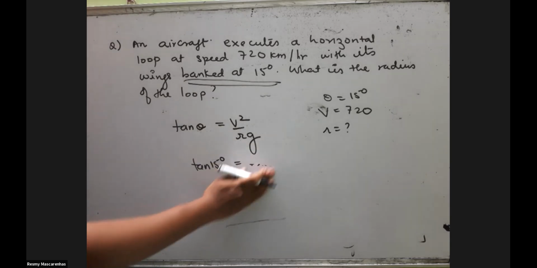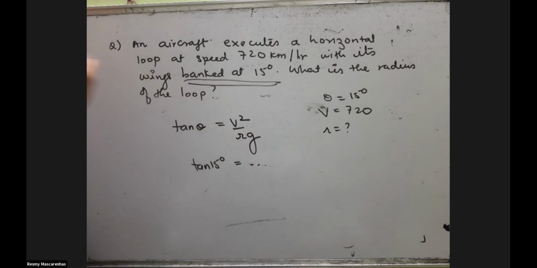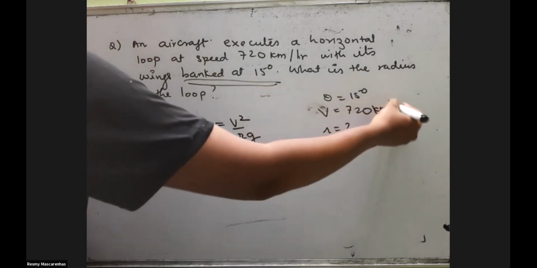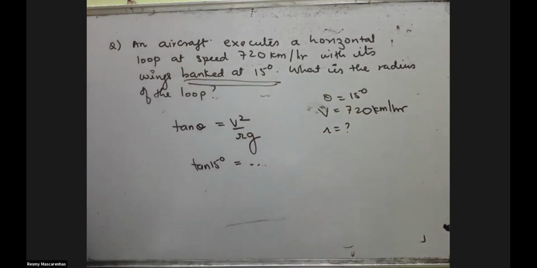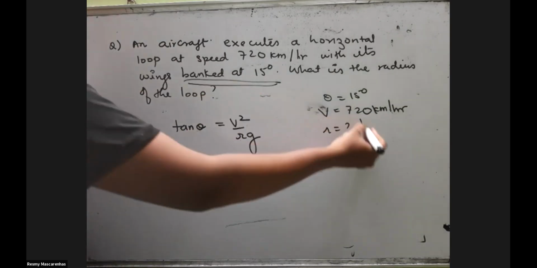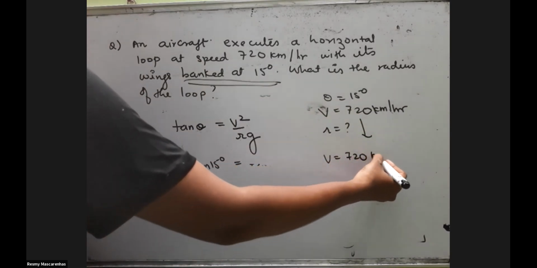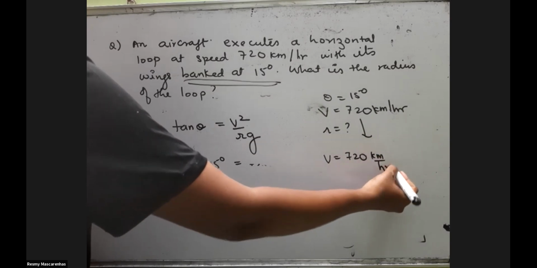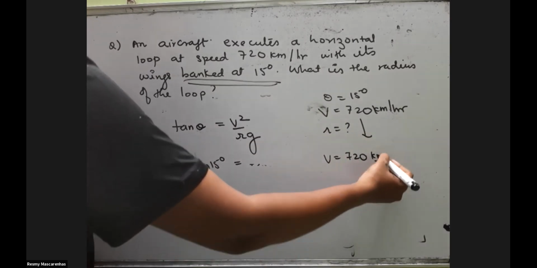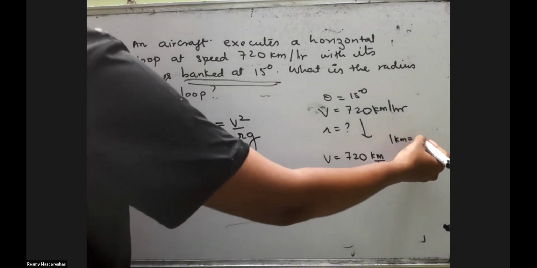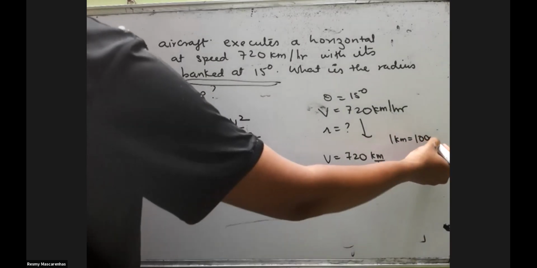Now, kilometers per hour, you have to convert it into meters per second. Standard one. So v is 720 kilometers per hour. I want it in meters per second. So 1 kilometer is 1000 meters.